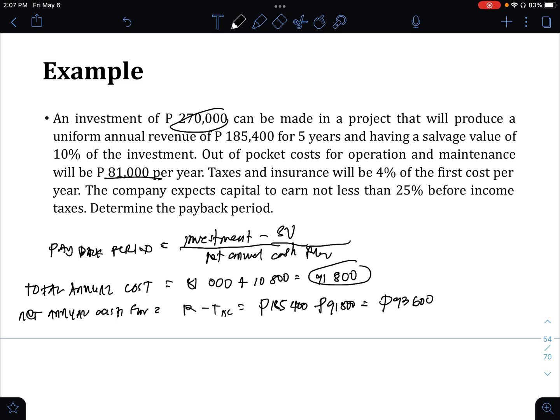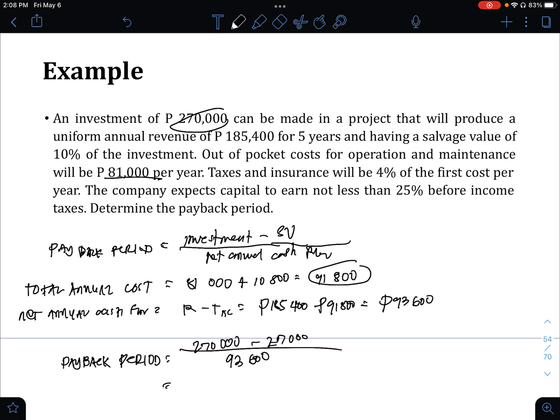Therefore, the payback period is the investment, 270,000, minus the 27,000 salvage value, over the net annual cash flow of 93,600.